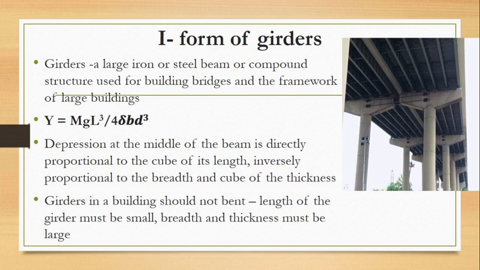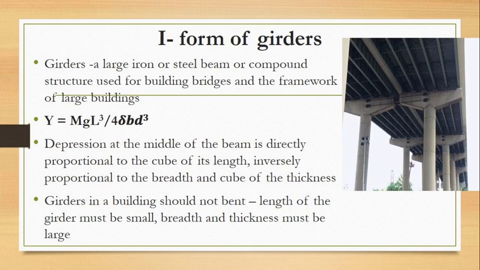You have to write delta from this equation and see how delta depends on B, D and L. And these girders must be strong and when used in a building should not bend, isn't it?